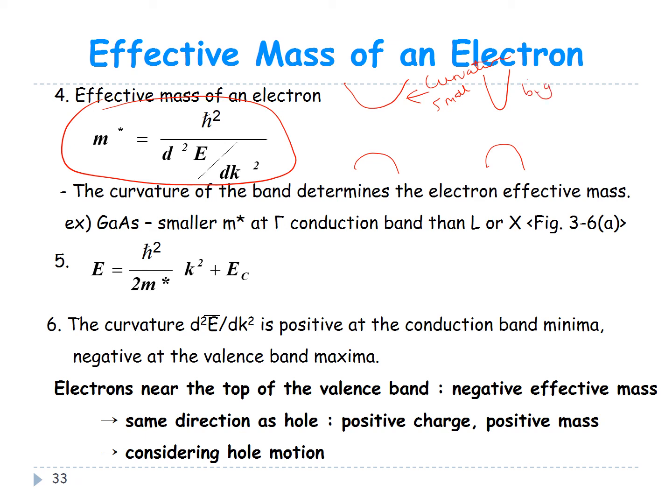So this semiconductor here, because it has a small curvature, is going to have a large effective mass, whereas this one here is going to have a small effective mass.